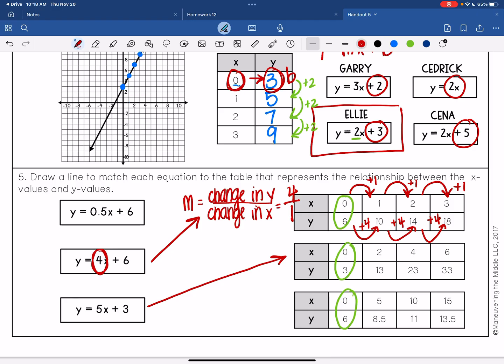Let's do m on the last table just to practice. So my x values, change to the eraser. My x values are adding 5 each time. And my y values are adding 2.5.